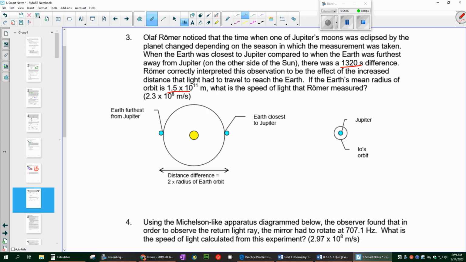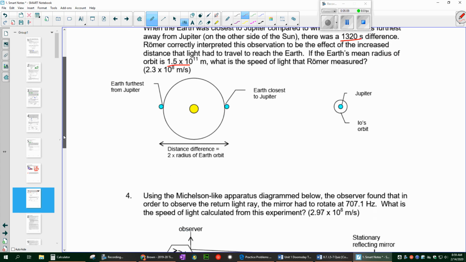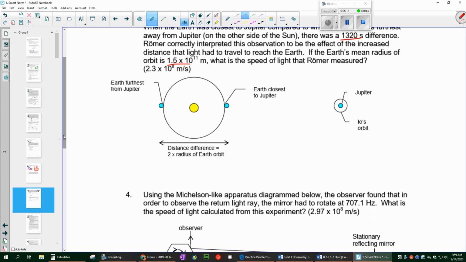All right. So what's going on here, right? We've really just got to figure out the difference between, actually they even told us the difference, right? In the one case it was the time it took to get to this one, right?